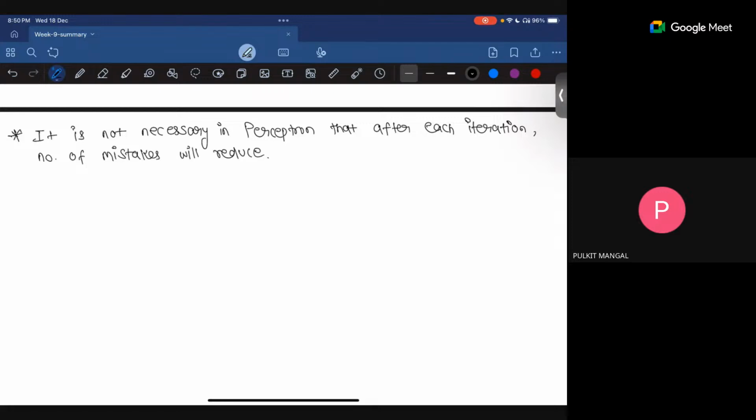There is no guarantee in the perceptron that after each iteration the number of mistakes will reduce.